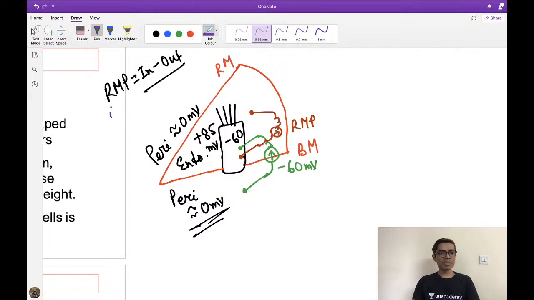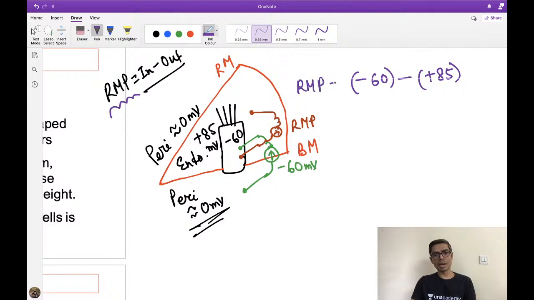So what I told, RMP is what? RMP is inside voltage in comparison to outside voltage. So if I calculate the new RMP, inside voltage is minus 60 millivolt, minus outside voltage, which now is plus 85 millivolt. So now this is my new RMP. RMP will be the in minus out voltage difference.